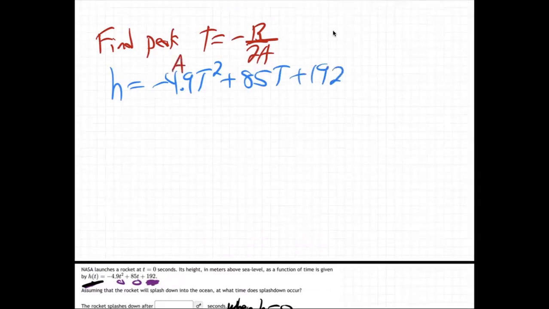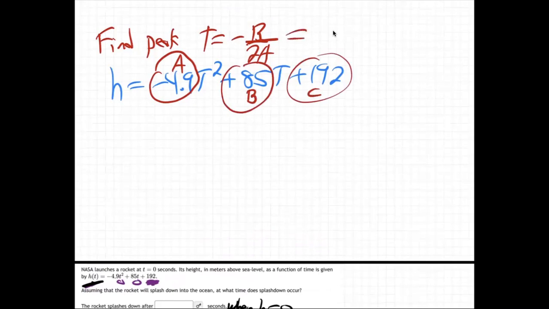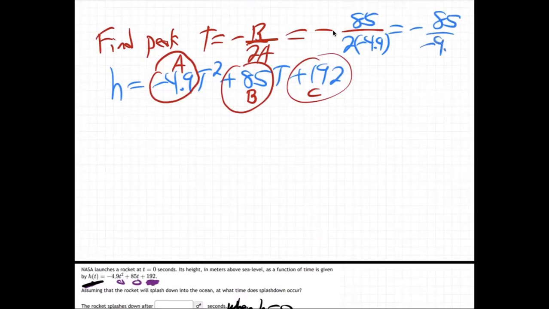So this is the a, this is the b, this is the c, right? So negative b over 2a is going to be negative, and then what is b? b is 85, over 2 times a. 2 times a is 2 times negative 4.9. So that's negative 85 over negative 9.8.